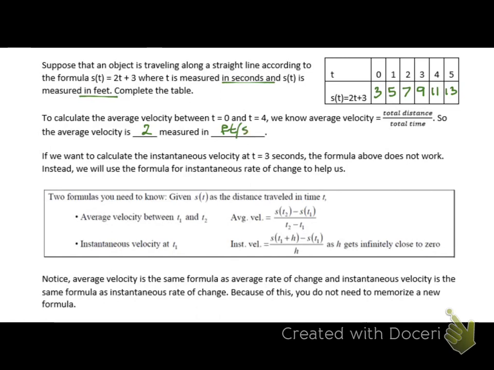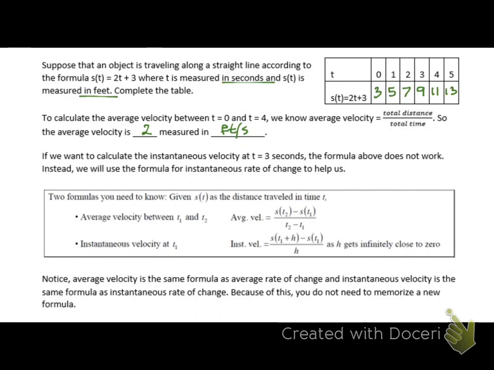If I wanted to know the instantaneous rate of change, or instantaneous velocity, which is exactly how fast we were traveling at a particular moment in time, the only way to do that would be to use the slope of the tangent line formula that we used before.